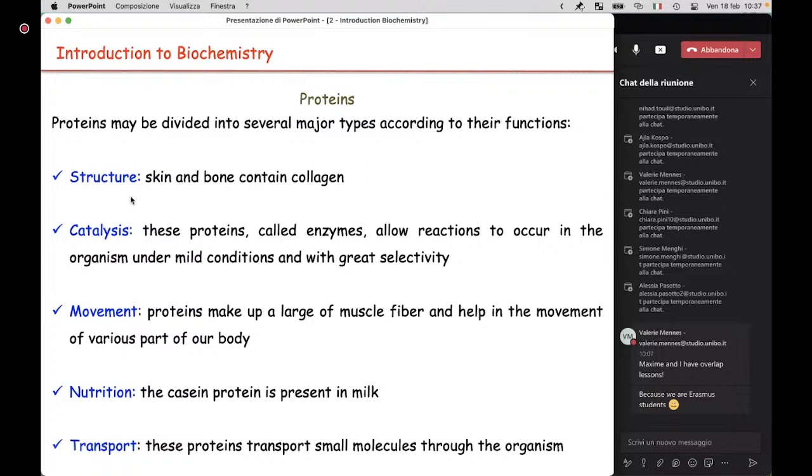Okay, as you may remember, catalysis means lowering the energy threshold for a reaction. Okay, so enzymes are proteins that have the specific function of making reaction easier. Okay, to make them happen using a lower amount of energy.